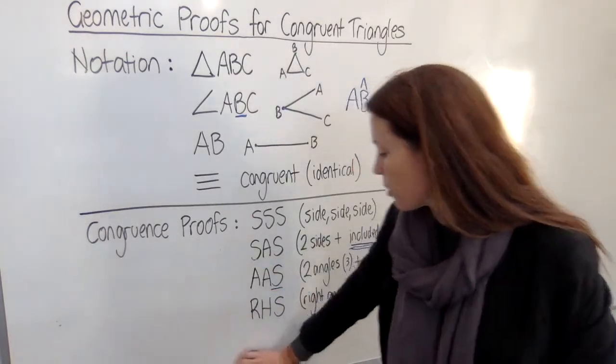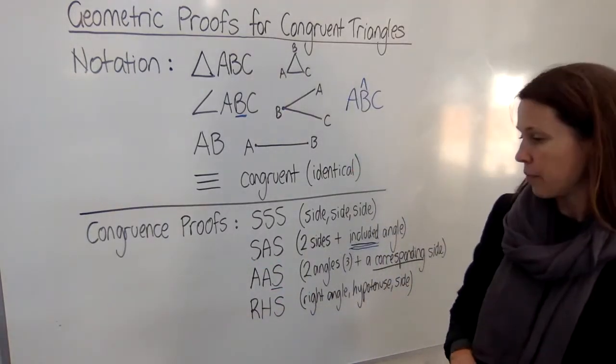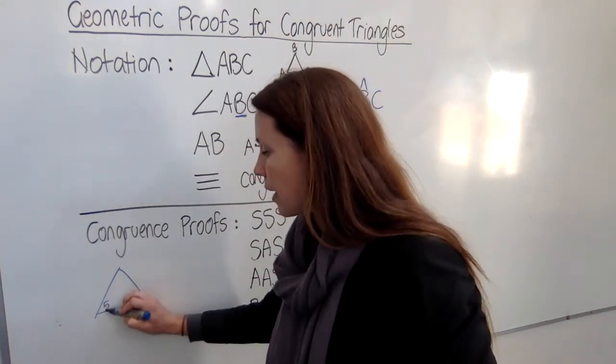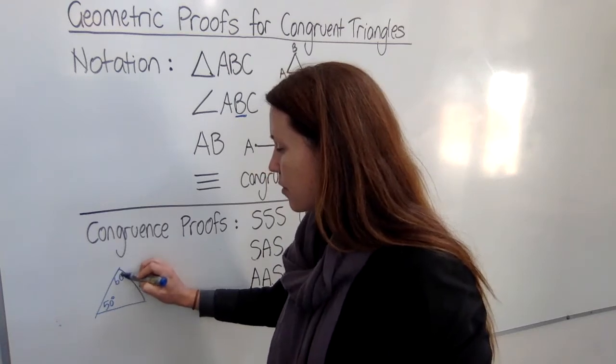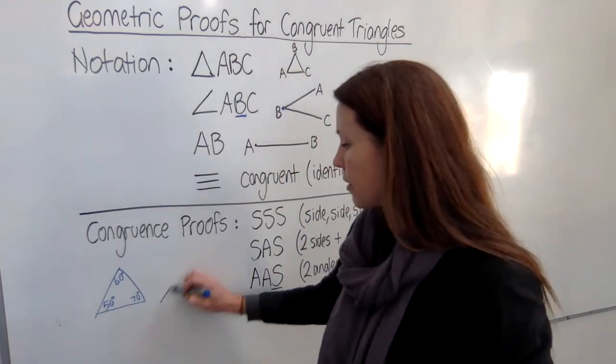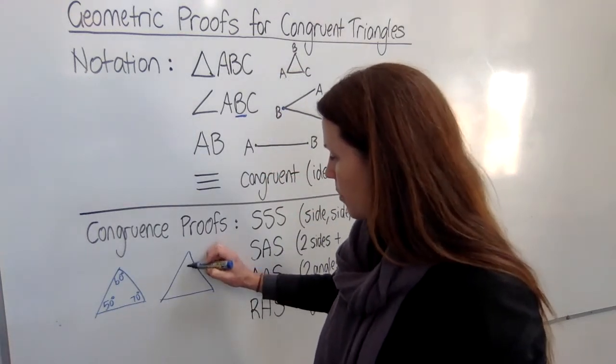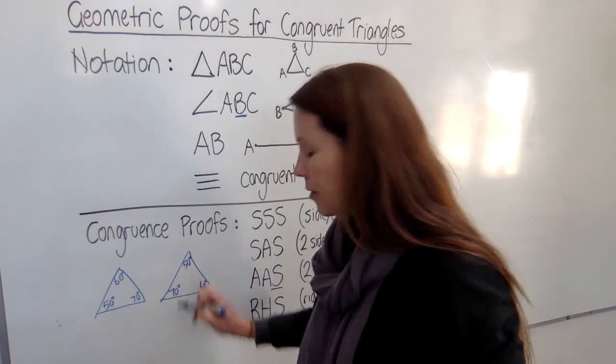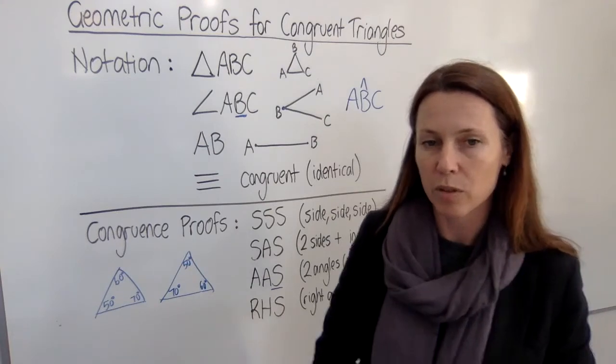Now when I say corresponding, I mean in the same position. So if we've got 2 triangles that have the same angles, let's say they have 50, 60 and 70 degree, and maybe they're in different places, like this, and we're trying to decide if they're congruent or not.